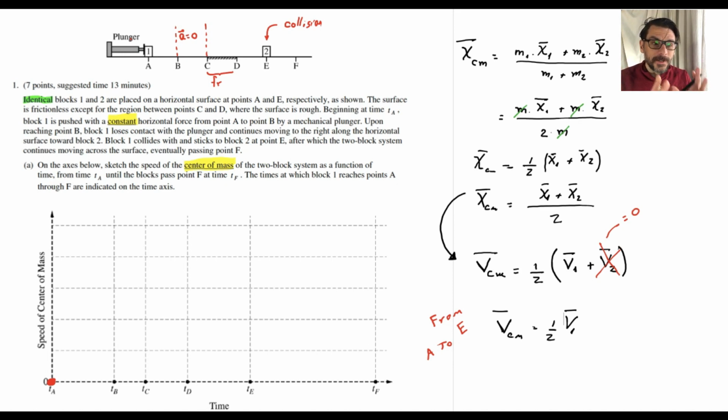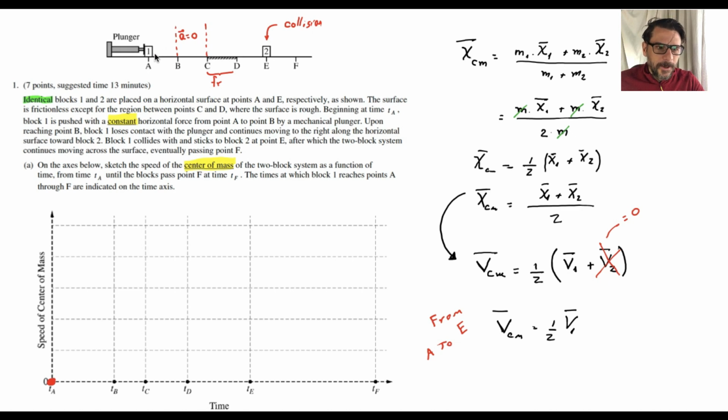Right here we were told, specified, that there is a constant force. So a constant force will produce a constant acceleration, and a constant acceleration will produce a linear increase in the speed.